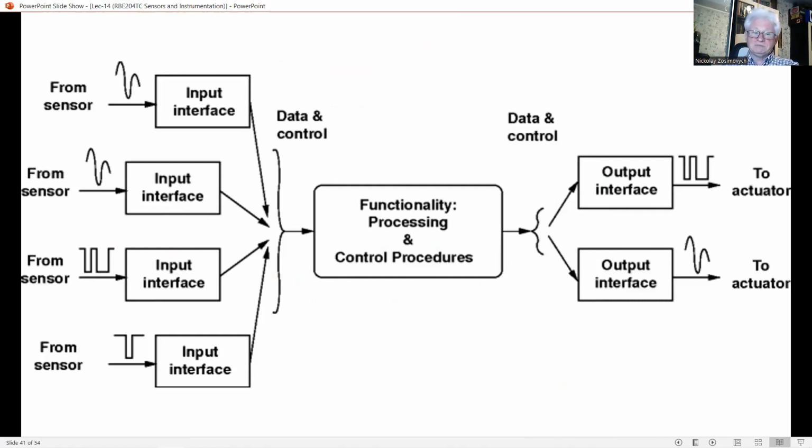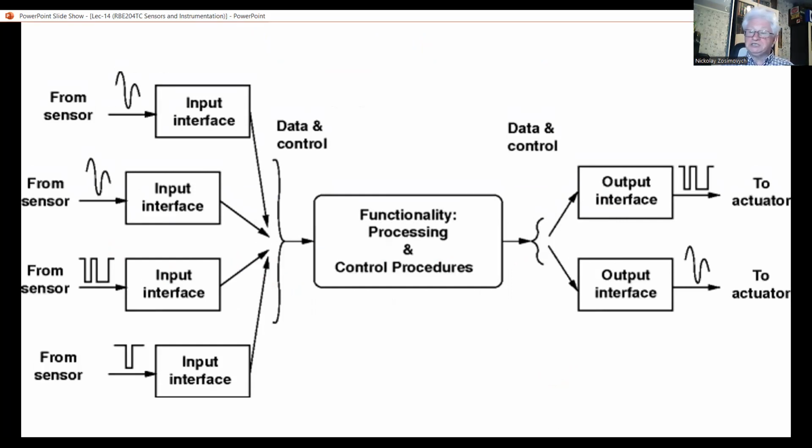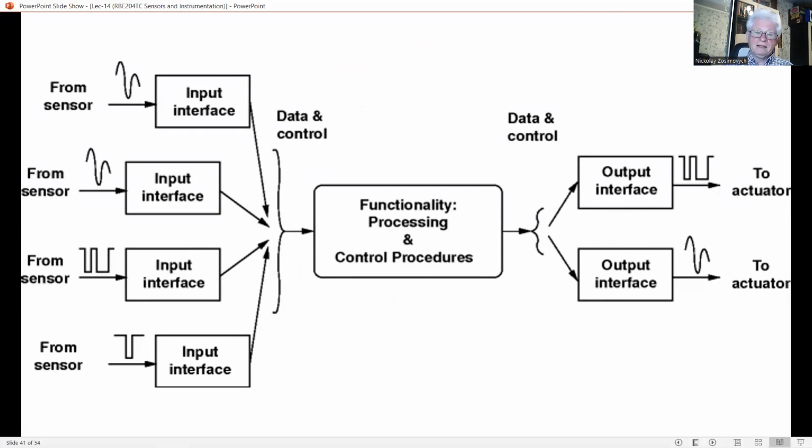Digital control systems might use digital instrumentation and additional processors for actuating, signal conditioning, or measuring functions.